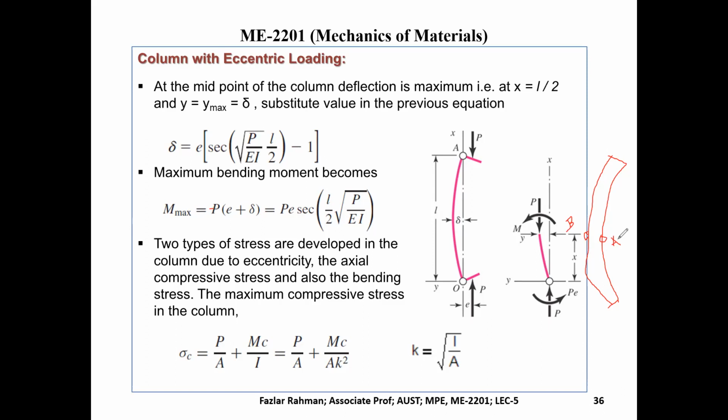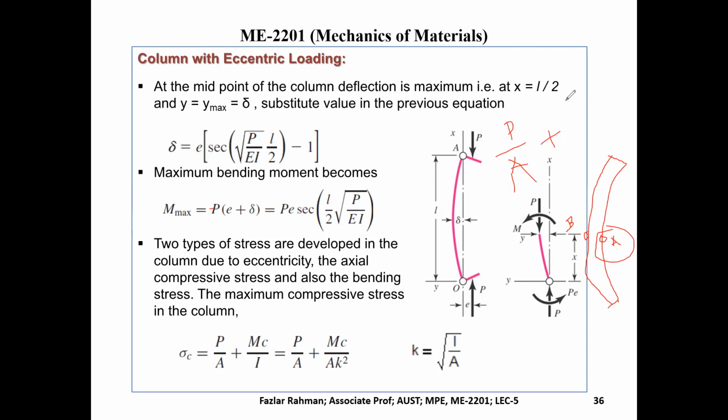Then it has one more compression, that is P by A, right? That means at point A there will be two stresses. One will be the direct stress, P by A, plus there will also be compression due to the bending.